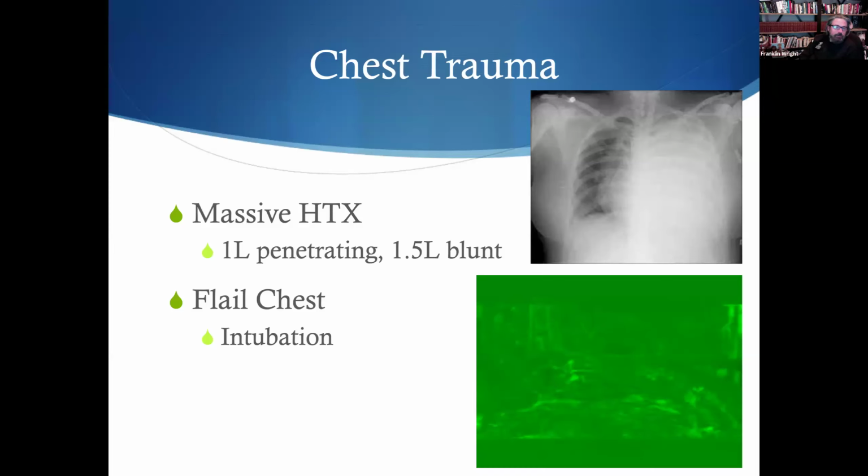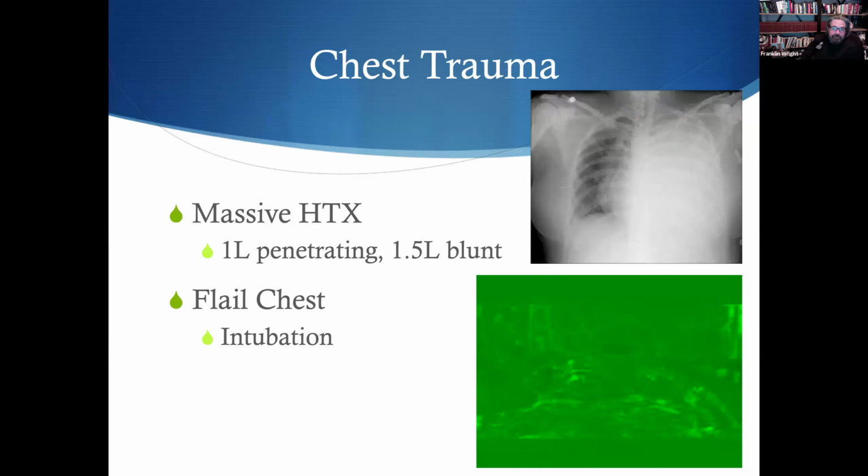We have a little different threshold between blunt and penetrating trauma. A lot of trauma surgeons will use a little bit lower threshold with penetrating trauma. And the reason for that is often with a crushed chest, a lot of this bleeding is kind of raw surface bone bleeding, a bunch of torn muscle that is actually relatively hard to stop surgically because it's just raw surface bleeding.